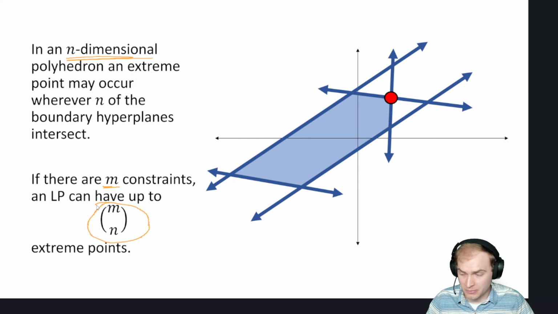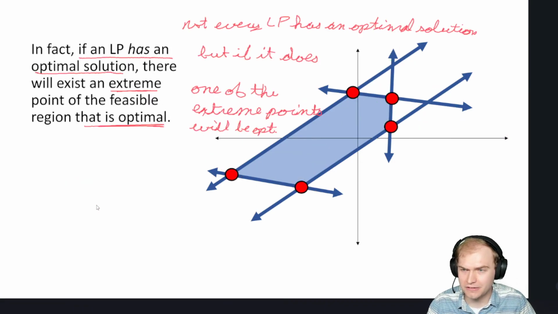For a bigger problem, if you have 10,000 constraints, you could have far too many for a computer to enumerate and compare in anyone's lifetime. So this is not really a good way of finding our optimal extreme point.